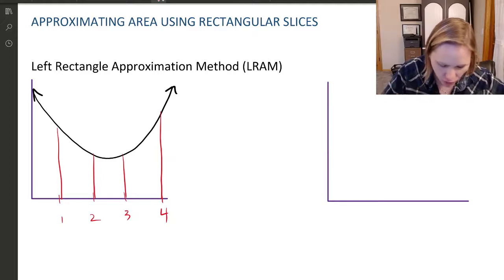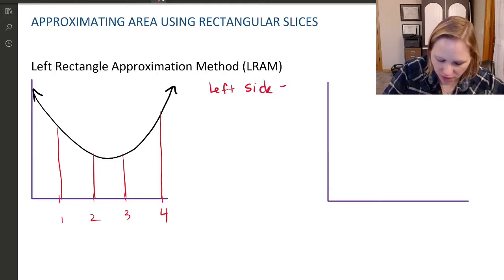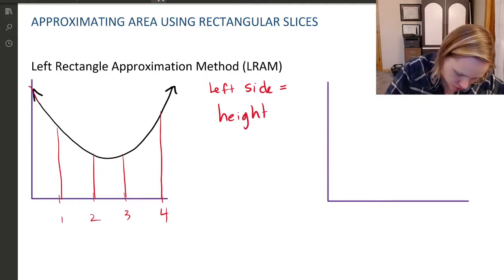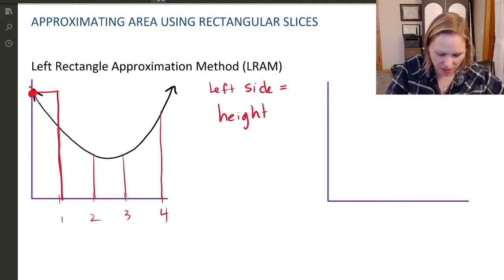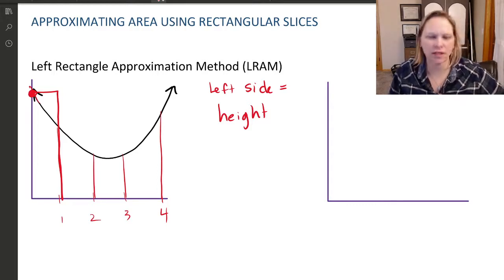If I draw 4 rectangles, a left rectangle approximation uses the left side as the height. So here on the left side, this first rectangle would have the left side of the rectangle being the height, which means part of the rectangle is going to overestimate.